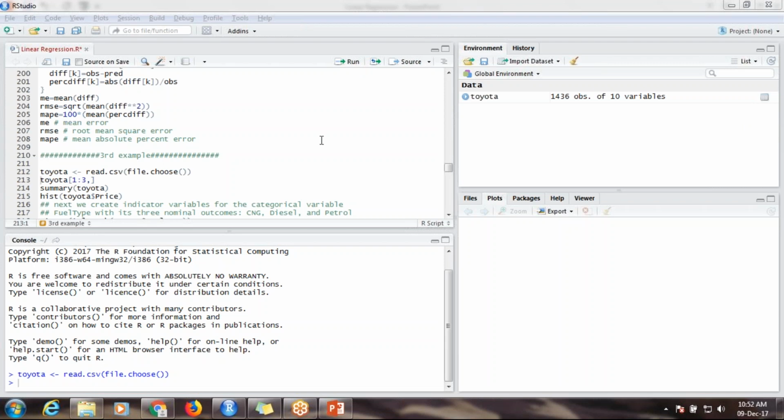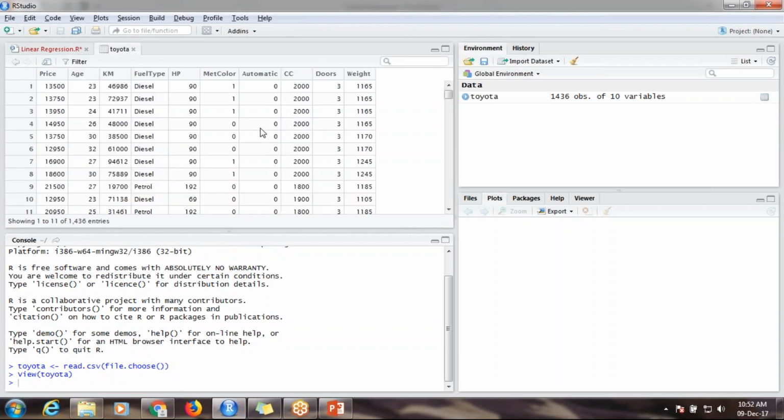So here I've taken a Toyota data set. Here I have price, age, meaning how many months old it is, and how many kilometers it has driven so far, what kind of engine it is, what kind of fuel type it is, horsepower, color, metallic color or not. It is mainly a factor variable which shows what kind of color it is.